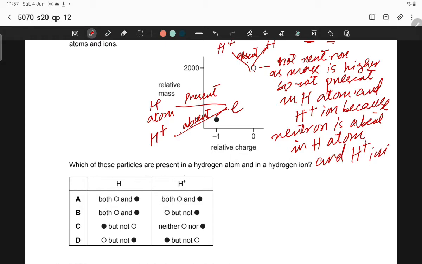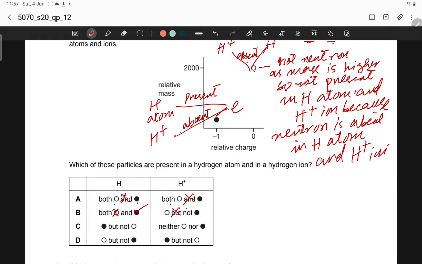So which of these particles are present in a hydrogen atom and in hydrogen ion? In hydrogen atom, both unshaded and shaded, this is not correct. Both unshaded and this is also not correct. Both unshaded, not present, this is present, this is incorrect.